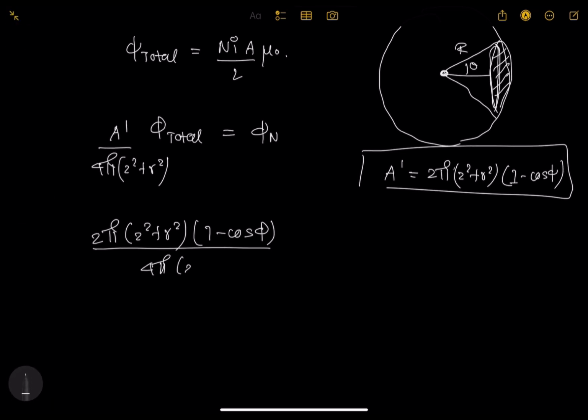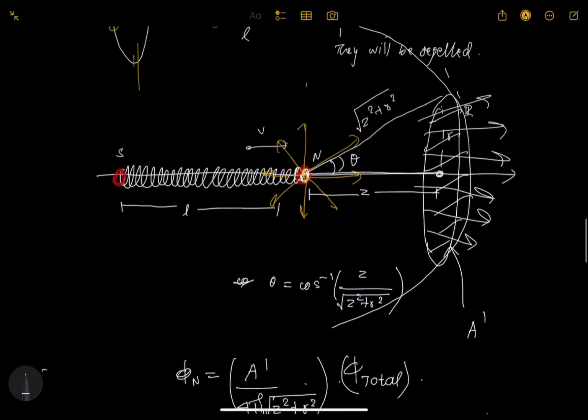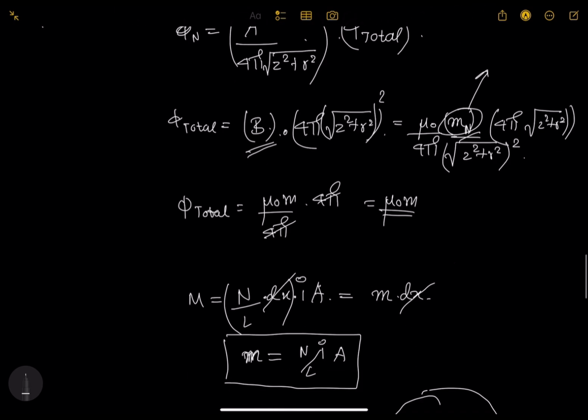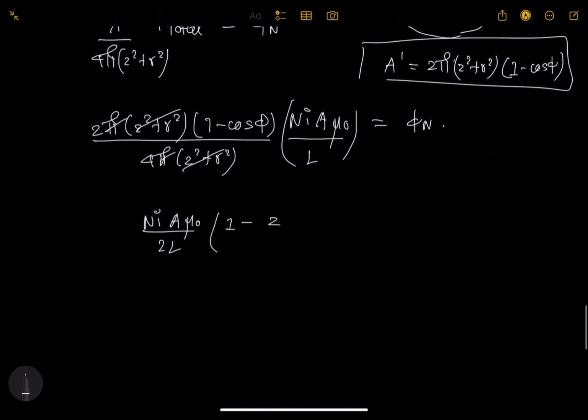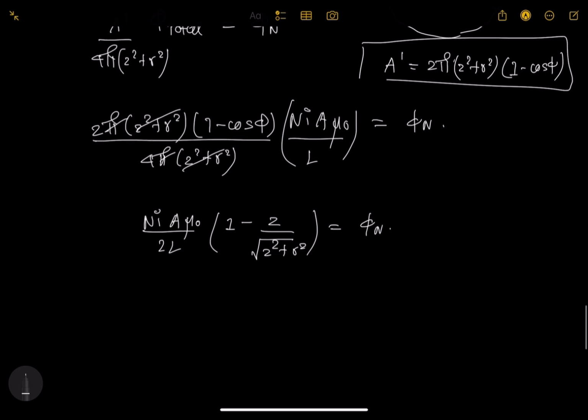The 4 pi z squared plus r squared, and the total flux we've already written as N I A mu naught over L. We cancel a few terms and reach this expression over 2L, 1 minus cosine of phi. What is cosine of phi? Cosine of phi is just z over the square root of z squared plus r squared. That is the total flux due to the North Pole.